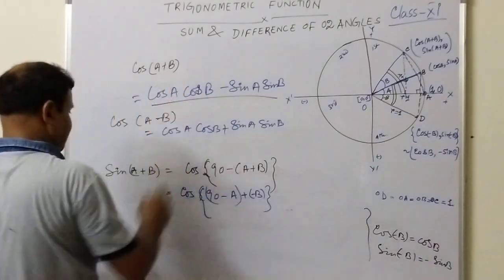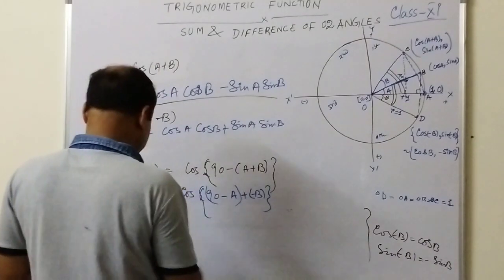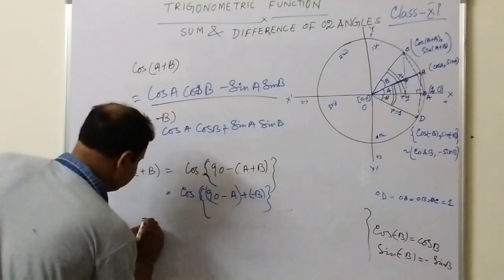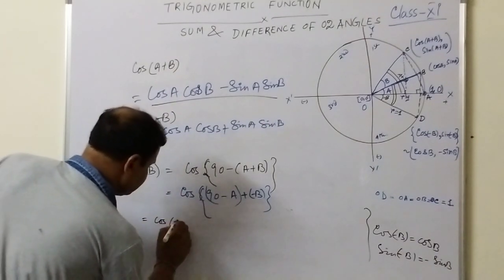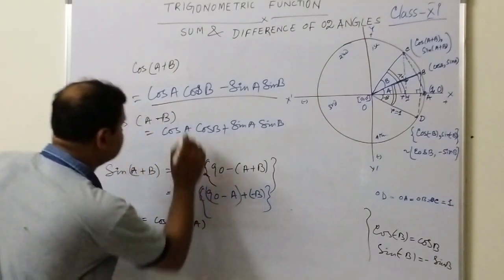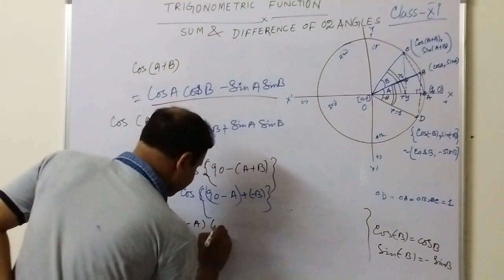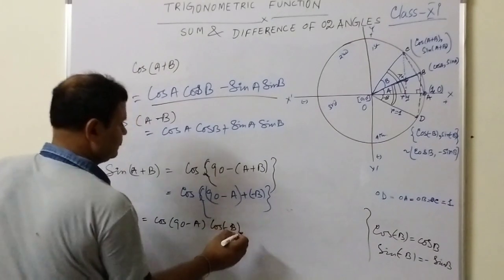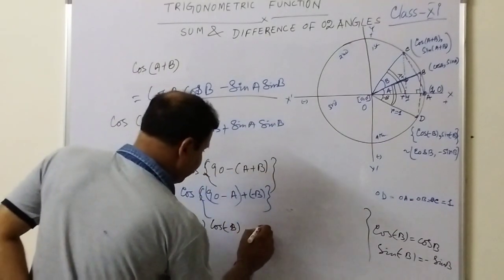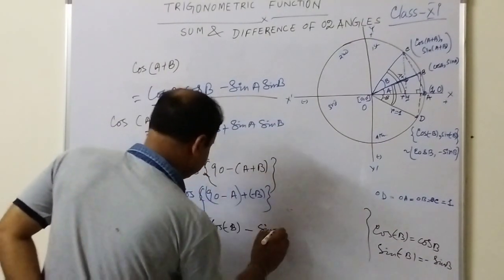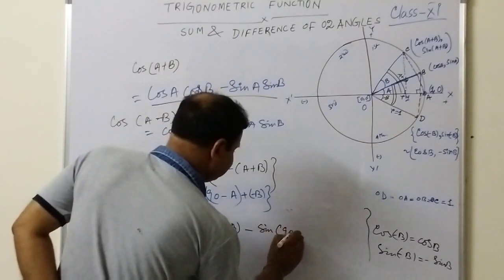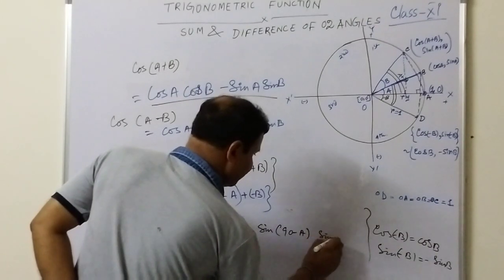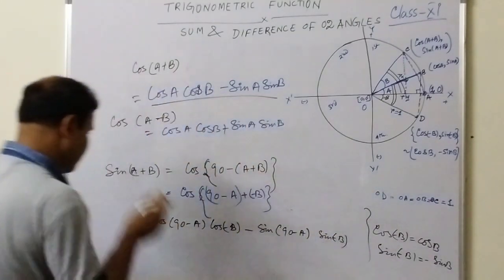Now for the same function, cos A plus B, now you can replace this. So this will be cos of 90 minus A in the case of A, and this cos B is cos minus B here, and minus sin. So this is sin of 90 minus A, and this is sin B, so this is sin minus B. Correct?